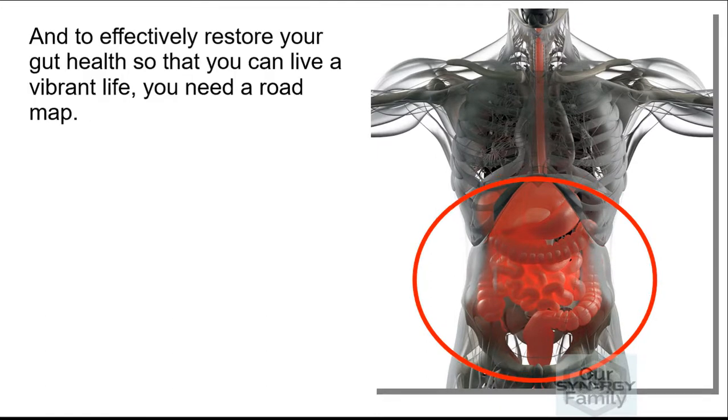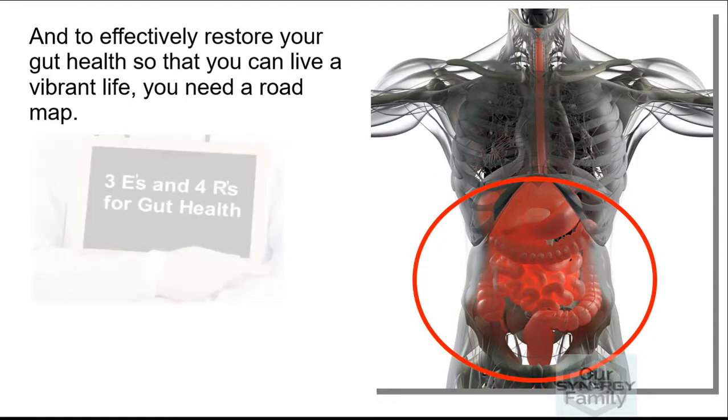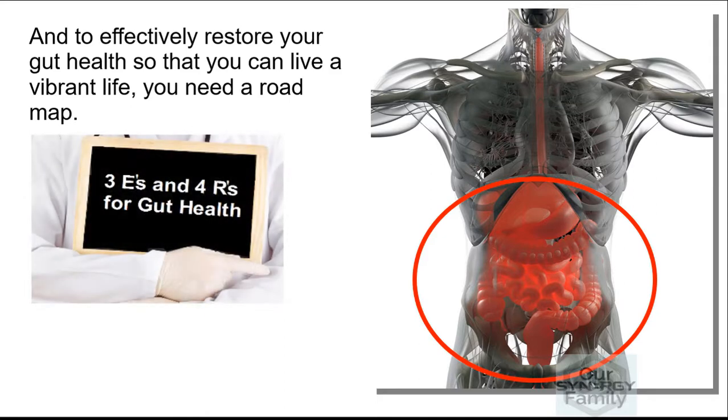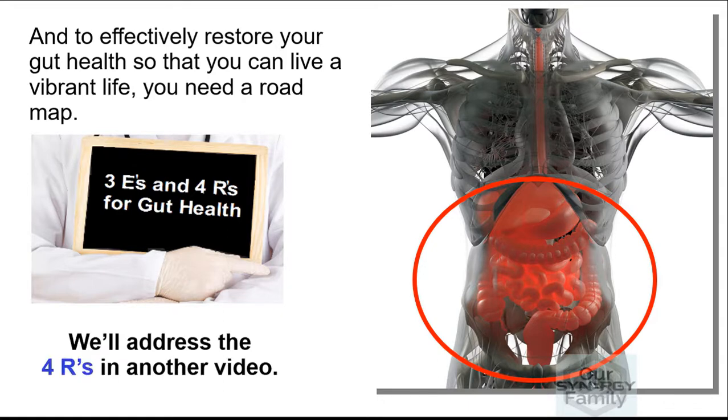And to effectively restore your gut health so that you can live a vibrant life, you need a roadmap, what we like to call the 3 E's and 4 R's for gut health. In this video, we'll introduce you to both. Then we're going to focus on understanding the 3 E's. We'll address the 4 R's in another video.